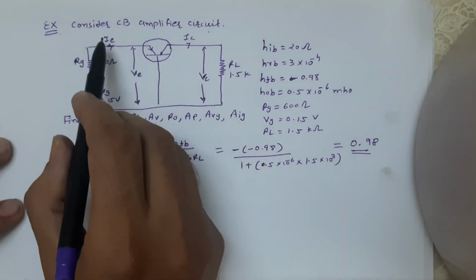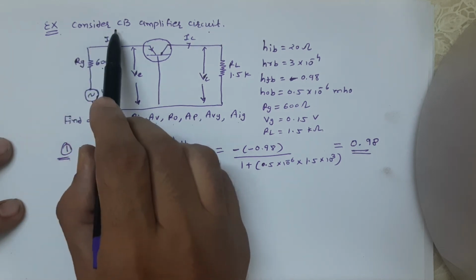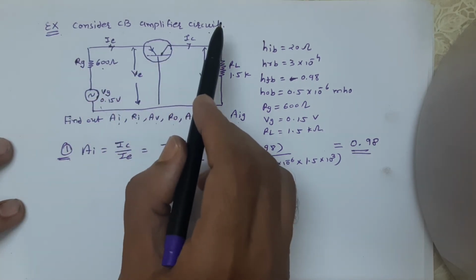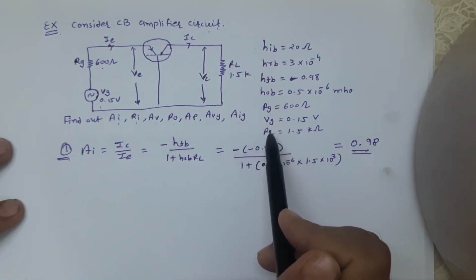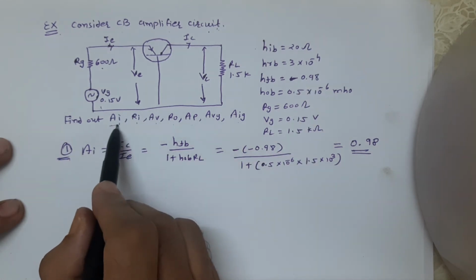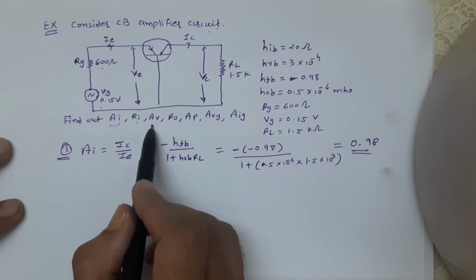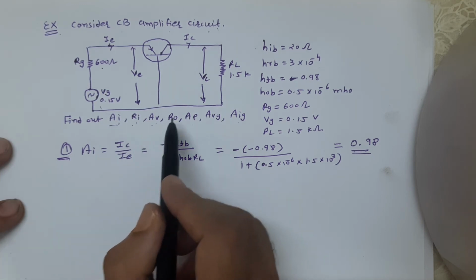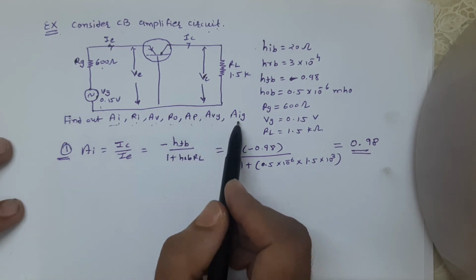In the examination, consider a common base amplifier circuit. In this circuit, different parameters are given, and your first objective is to find current gain, second find RI, third find voltage gain, fourth find RO, and find AP, AVG, and AIG.